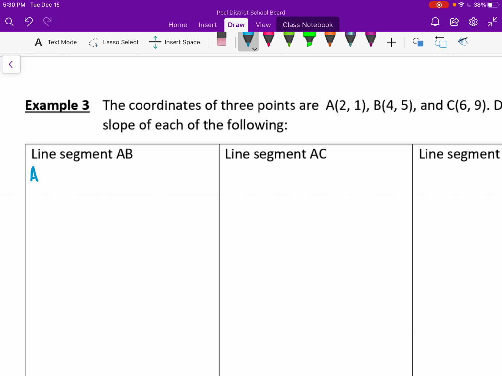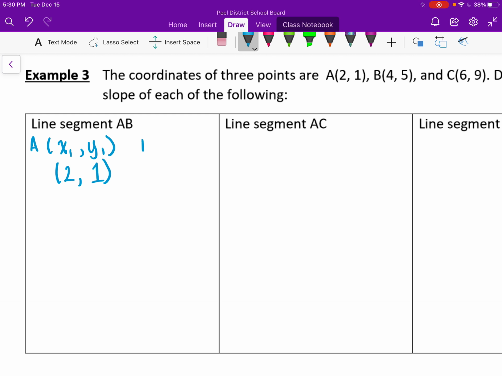Segment A is going to be my x1, y1, which means that my x1 is going to be 2, my y1 is going to be 1. And segment B, I'll put it in green, will be my x2, y2. Segment B is 4 and 5.